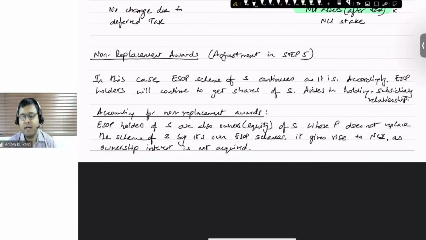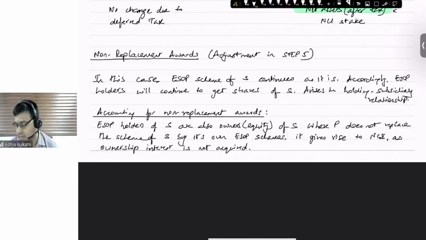See, ownership interest means by virtue of these awards, I'm not going to get additional stake. In fact, it is NCI who is getting the stake. So in the case of L&T issuing its awards, I was crediting SBP reserve, not NCI. Here I am reducing my ownership stake, because NCI starts to increase. So that is why ownership interest is not acquired.